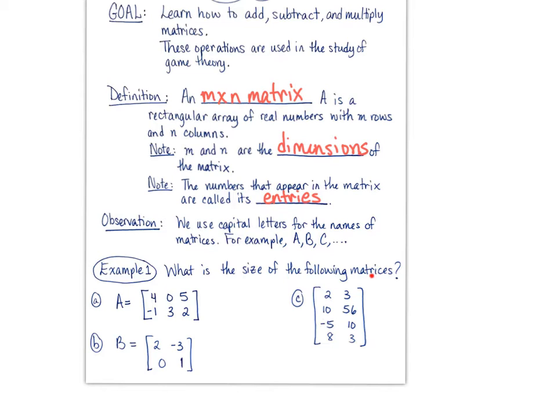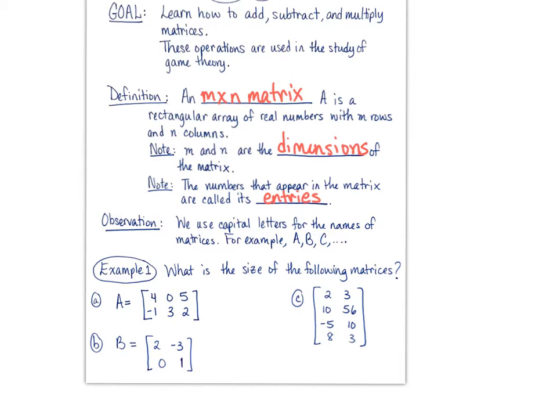Based on what we've discussed so far, what is the size of the following matrices? Remember, an M by N matrix A is a rectangular array of real numbers with M rows and N columns. So we say it has size M by N. What's the size of the matrix A? 2 by 3, good, because it has 2 rows, 3 columns.